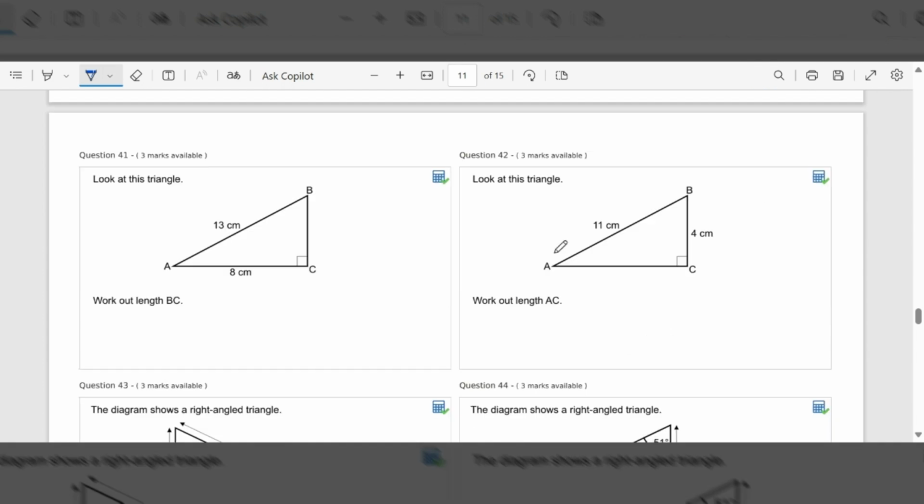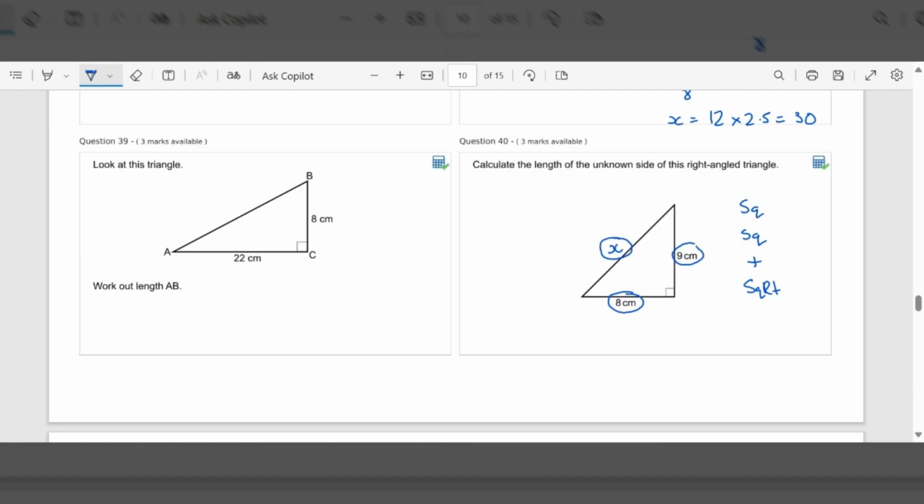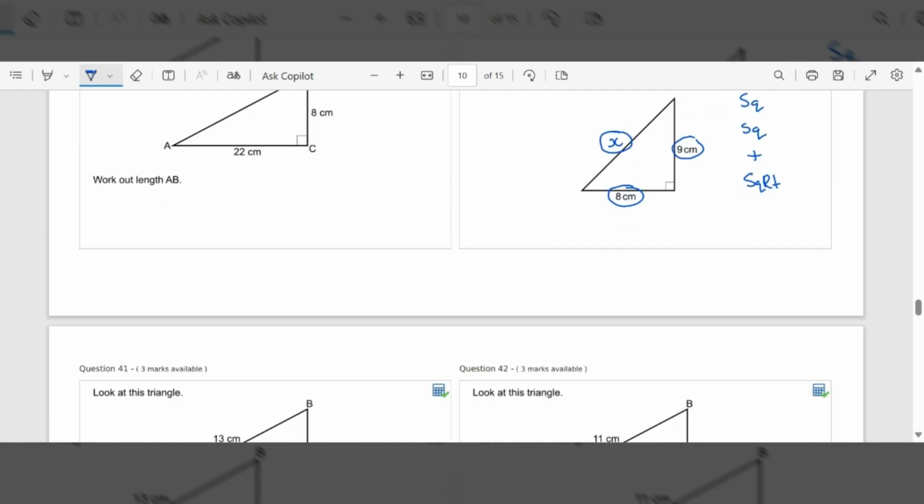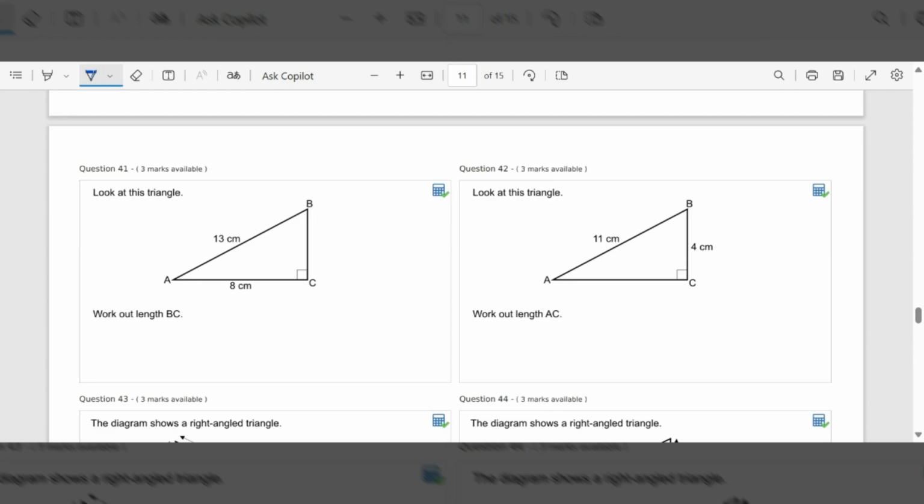In questions 39 and 40, we're looking for the big side, but in 41 and 42, we're looking for one of the smaller 2 sides, the base or the height. So if you're looking to work out the base or the height, one of the smaller sides, then it's square.